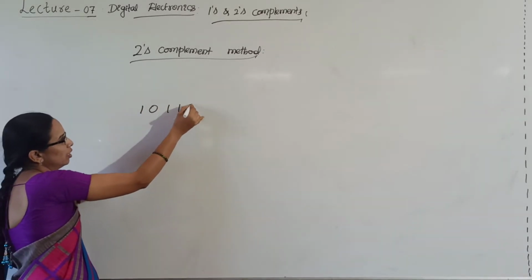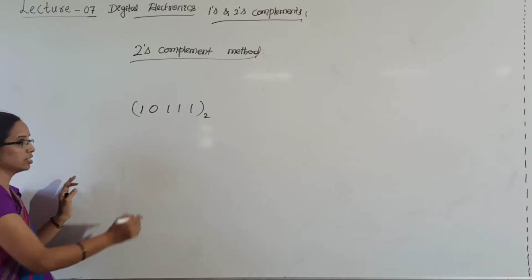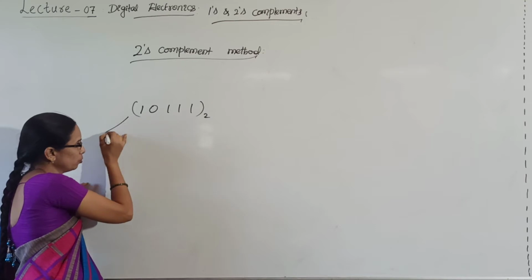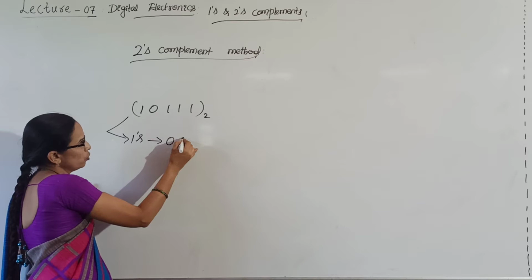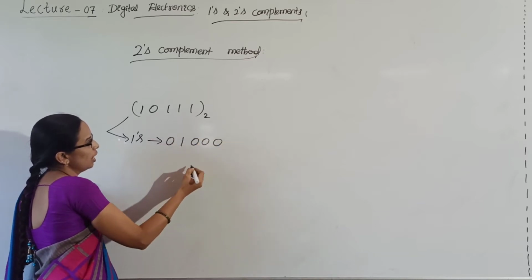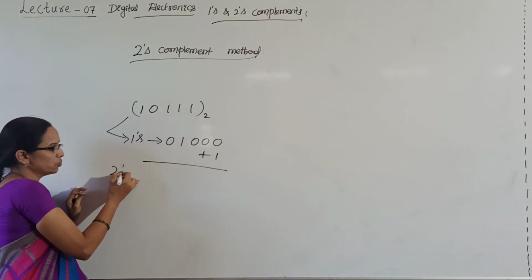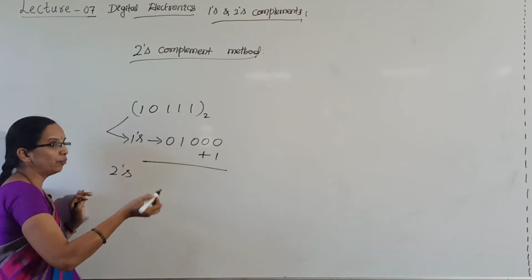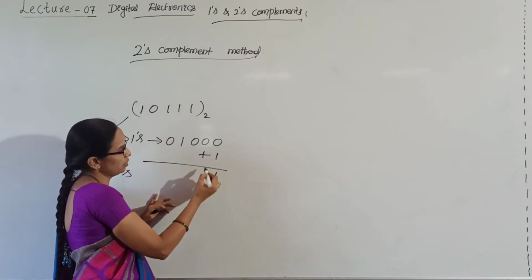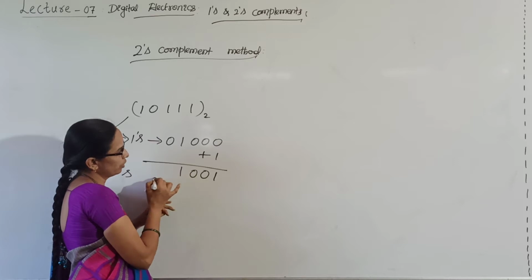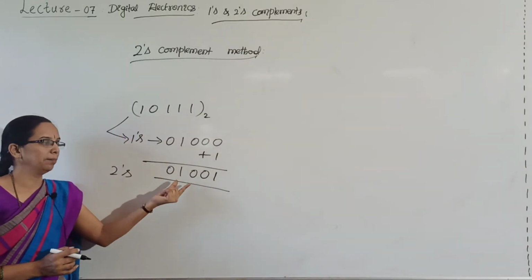For example, if you want to take the 2's complement of a binary number, we first take its 1's complement, that will be 0 1 0 0 0, and then add 1. The 2's complement is obtained by adding 1 to the 1's complement number, that is 0 1 0 0 1. This is the 2's complement of the given number.